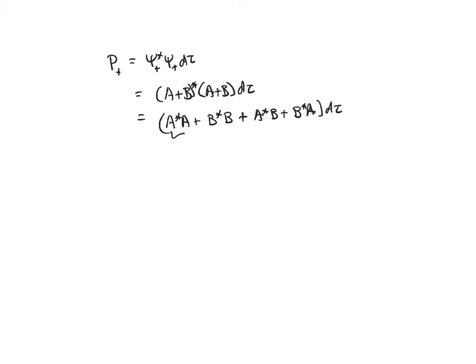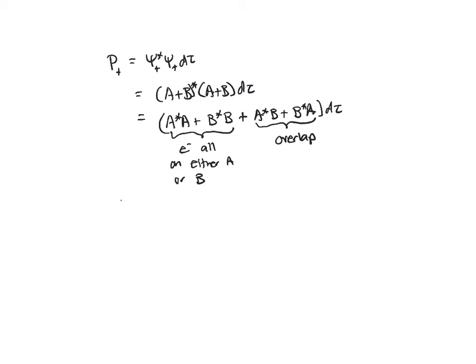We can see that these first two terms are exactly the probabilities that we would get if we just had the electron all on either A or B and not really split between the two. And these cross terms are combinations of A and B, and so these are called the overlap. This is where the electron is somewhere in between being with A and B, the overlap of those two atomic orbitals.